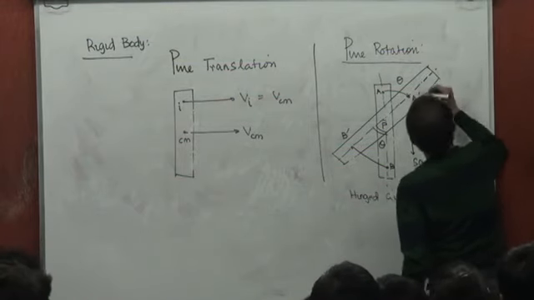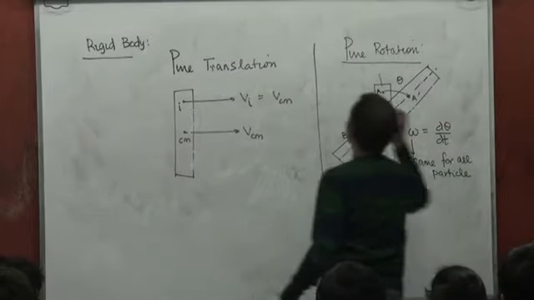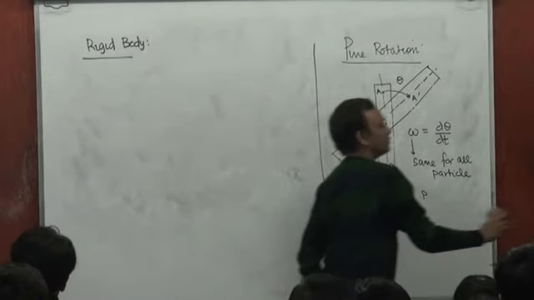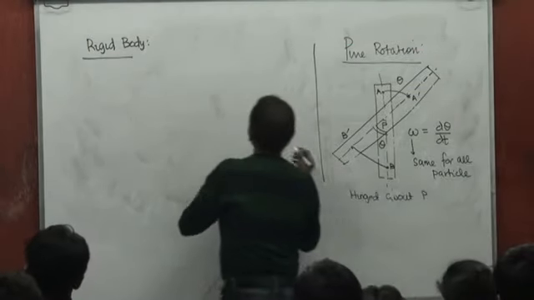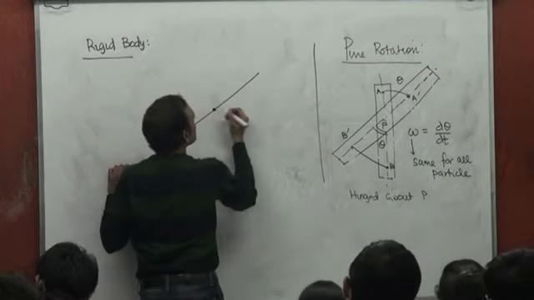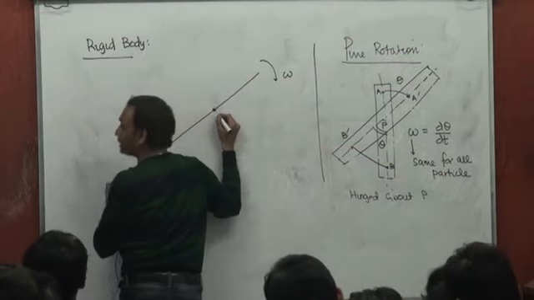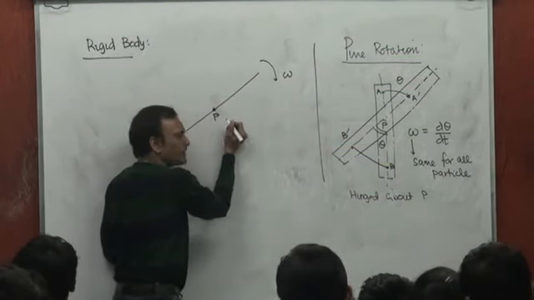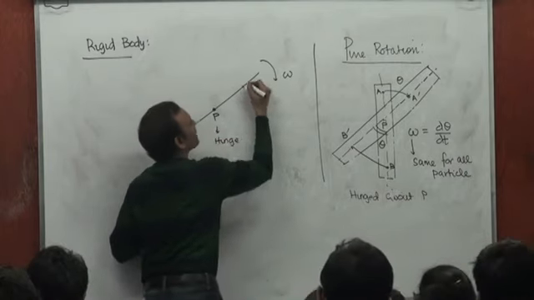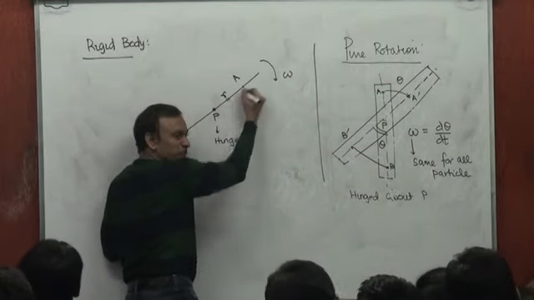And it also means that in pure rotation, omega is the same for all particles constituting the rigid body. This is the hinge P. This is a certain particle A, and its distance from the hinge will not change with time.